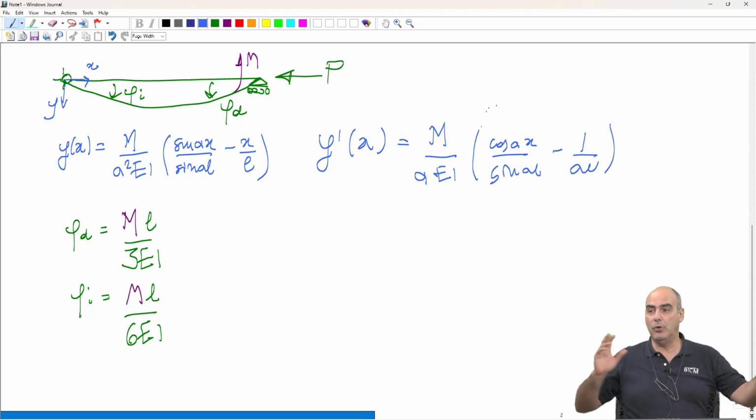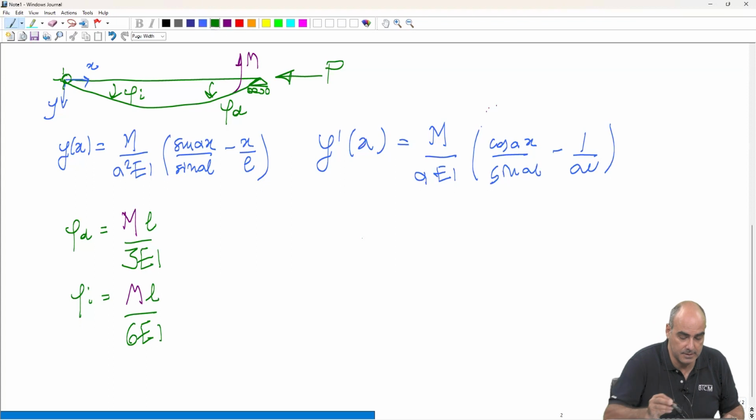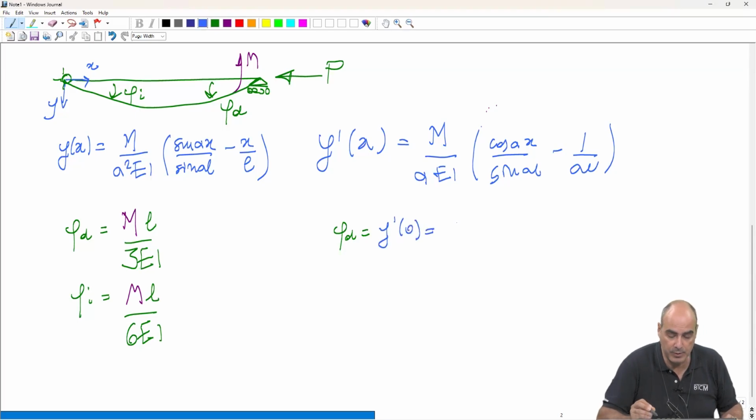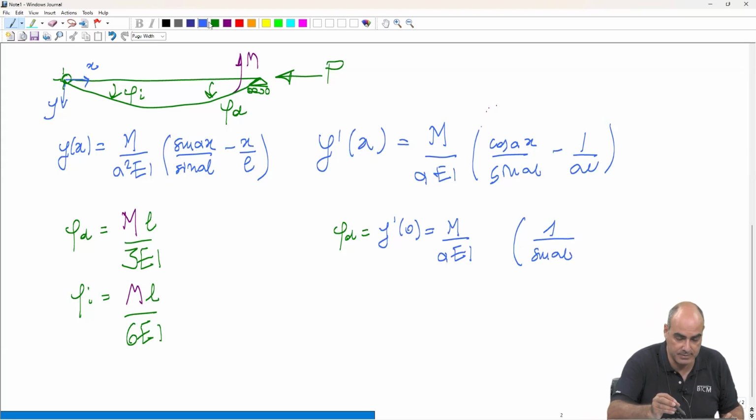And then if you want to know the edge rotations, what do you have to do? Keep x equal to 0 or x equal to L. So phi direct will be equal to y prime in 0, which is M over alpha EJ, 1 over sine alpha L. Phi direct is minus y prime of L.